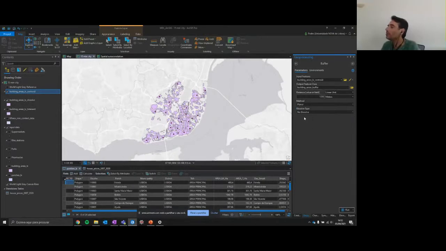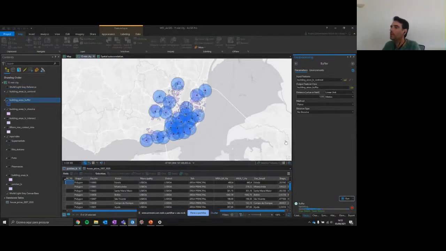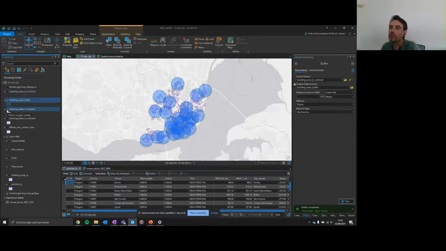I will not dissolve the buffers for each one of the centroids. So now we have our 15-minute areas, representing the areas a citizen can reach in 15 minutes.